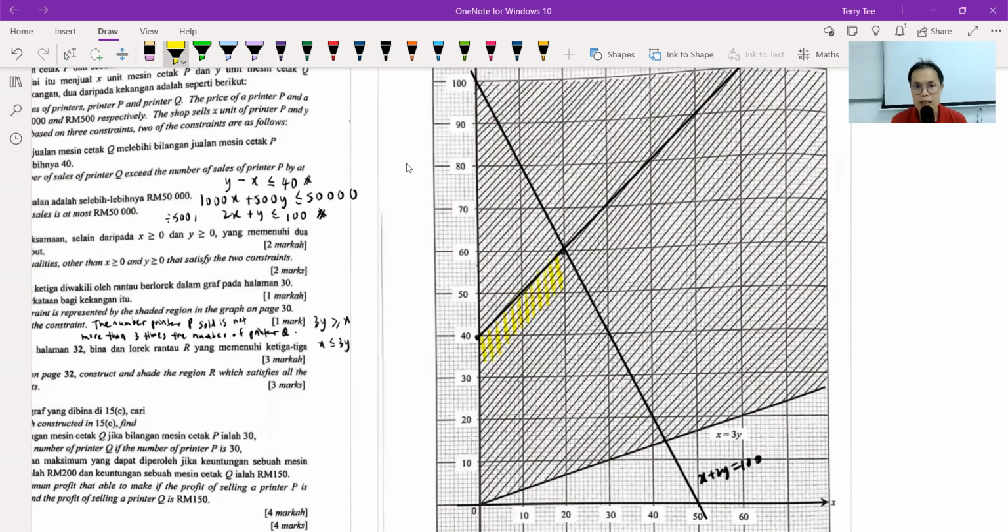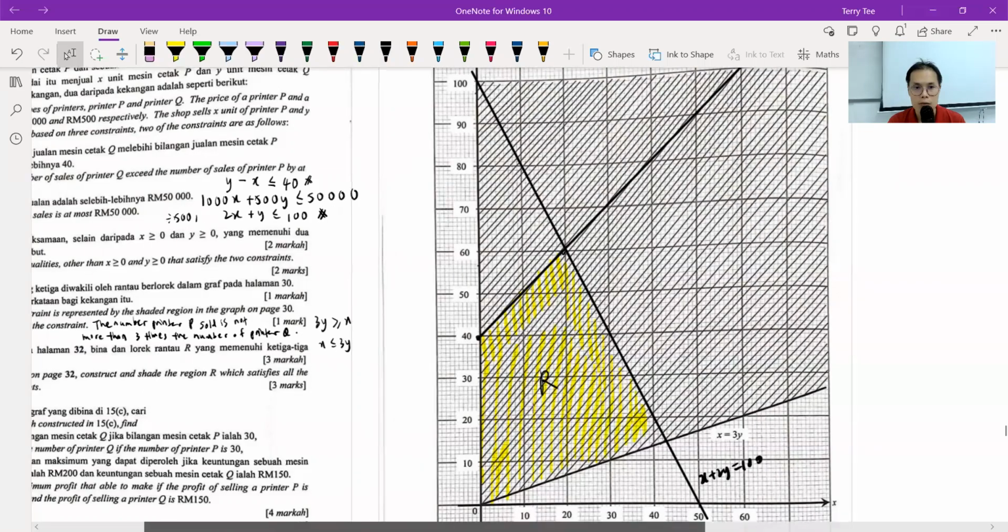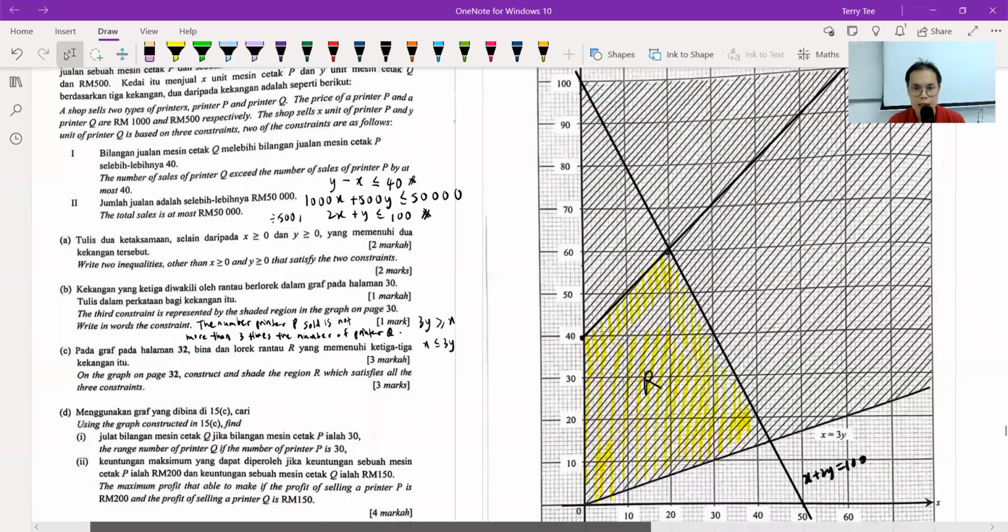And then 2x plus y less than or equal to 100, it must be below here. The third inequality is already given. The shaded region is already shown that it's above us. So we can just highlight all this and notice that your final answer, your R, should be here. Normally we use the symbol R, a region R, to represent the shaded region. Okay, so my region is done.